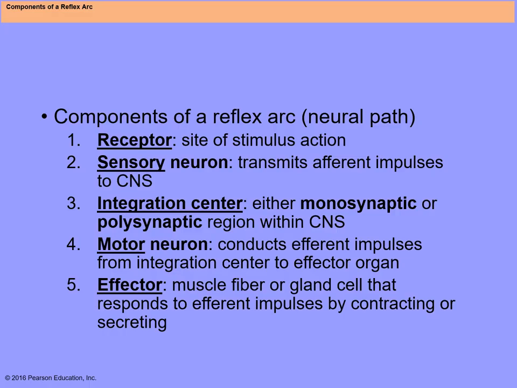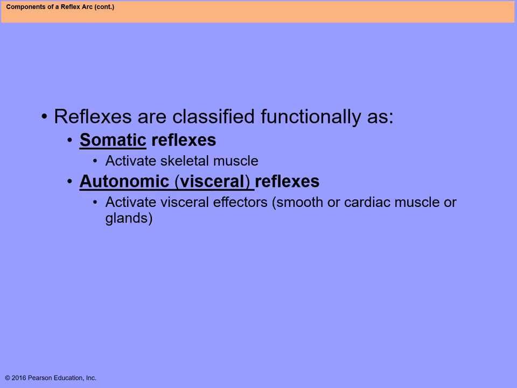It could be stimulating a smooth muscle to start contracting. The reflexes are going to be classified by function in terms of somatic reflex that activates the skeletal muscle. In an autonomic or visceral reflex, that is going to activate smooth muscle, glands.